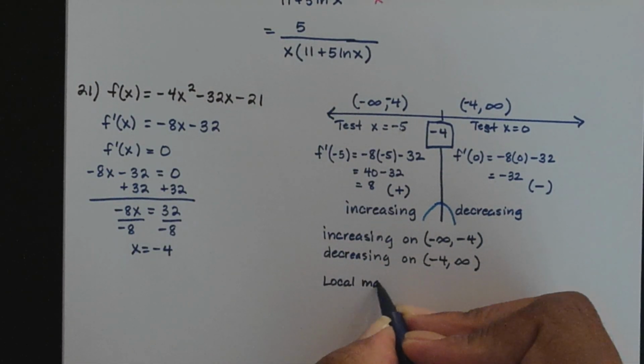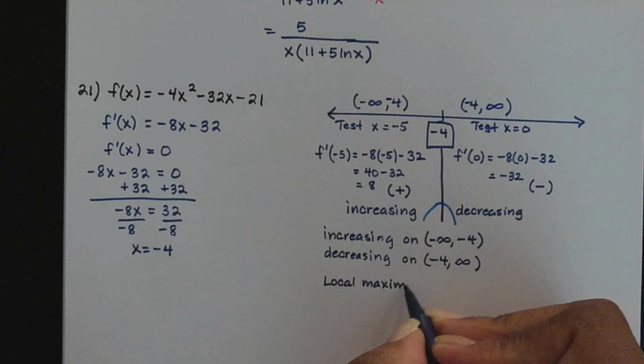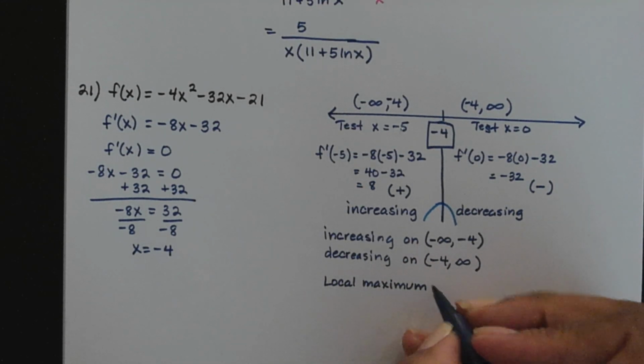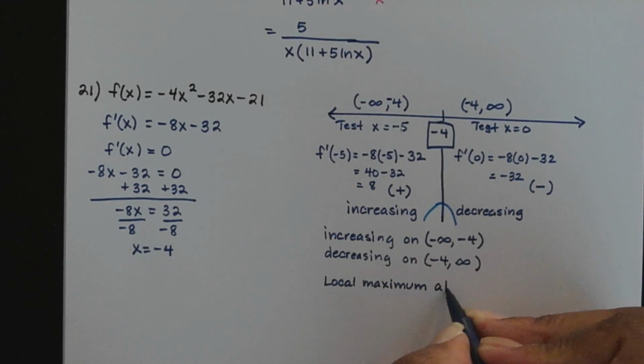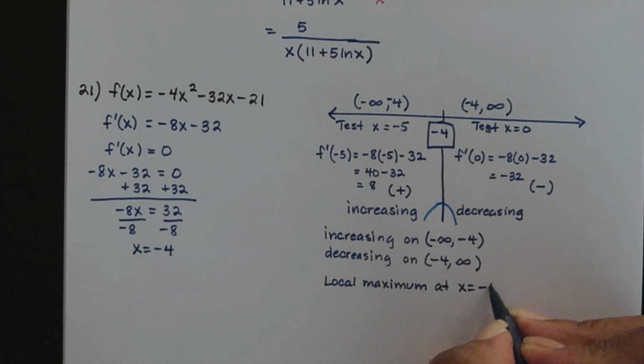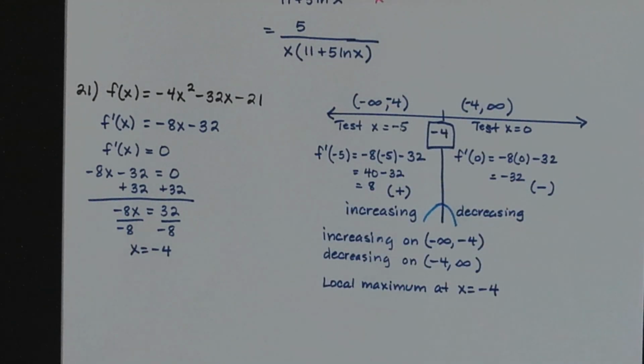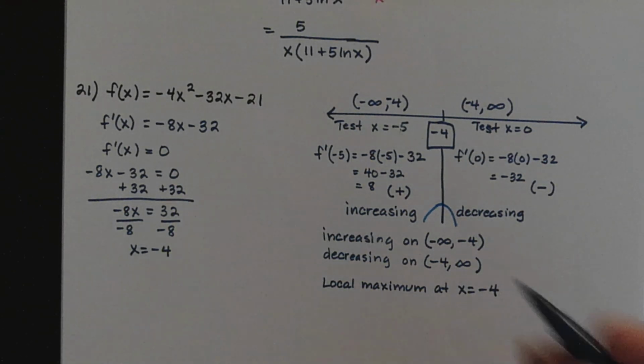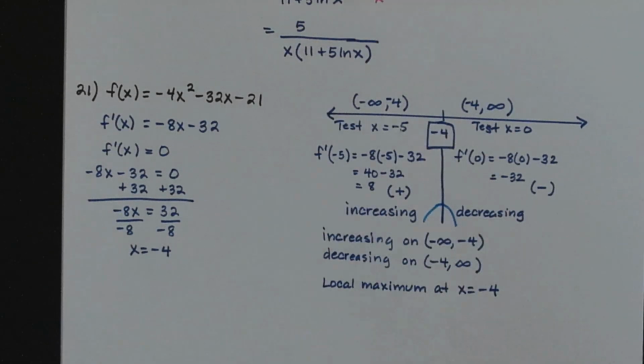So we can just say here the local maximum is at x equal negative 4. And of course, there's no local minimum because all we have is just increasing, then decreasing. Okay. Are there any questions about problem number 21?